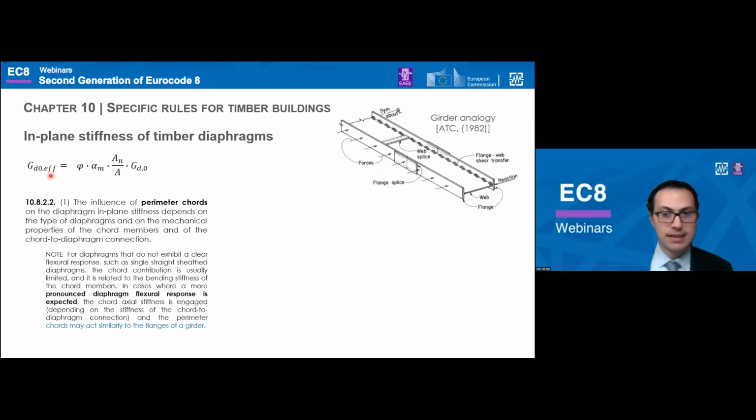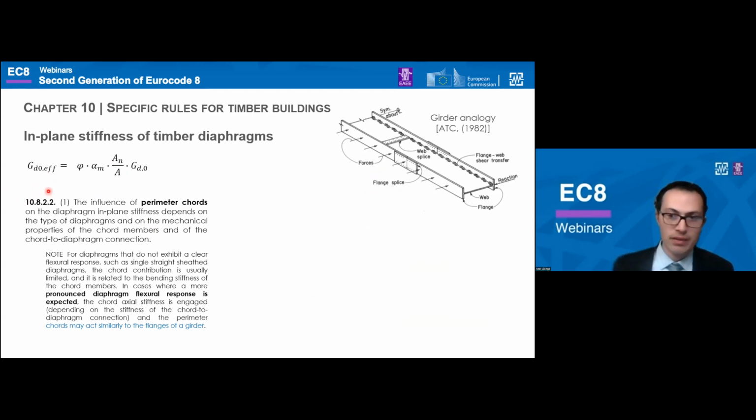Even though it is not accounted for in the formula for determining the equivalent shear stiffness, the role of perimeter chords is clarified in clause 10.8.2.2.